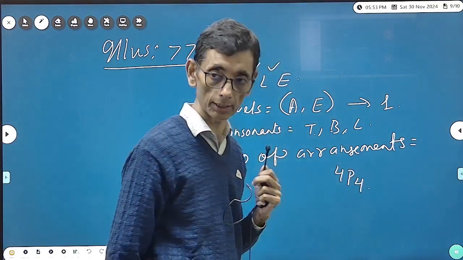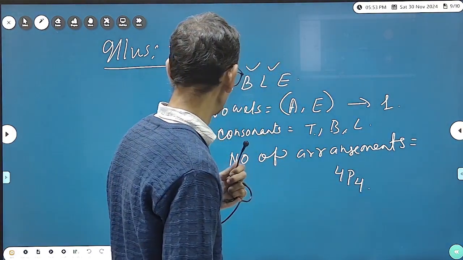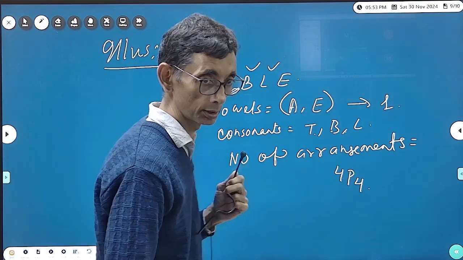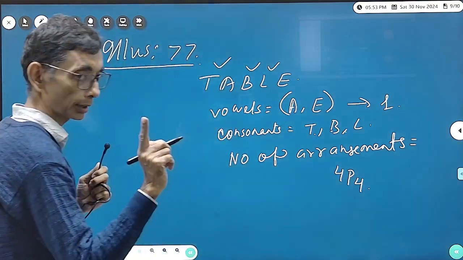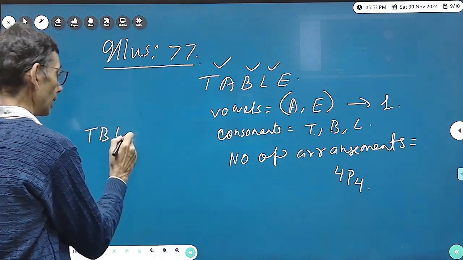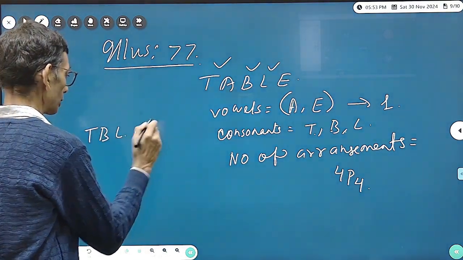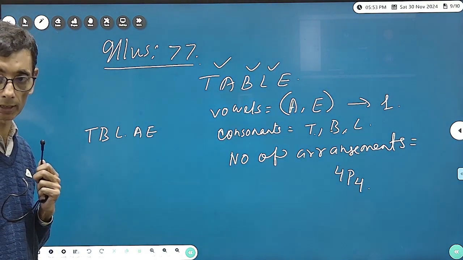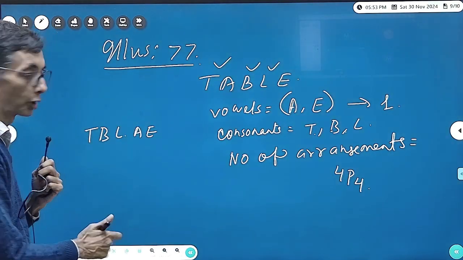But there is a but. If I write one arrangement, then you will understand. T, B, L, A, E could be one arrangement because vowels are together.